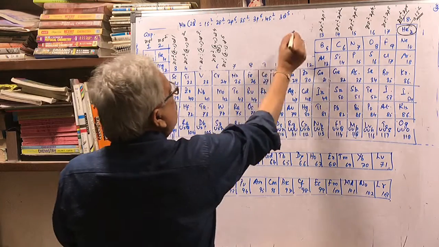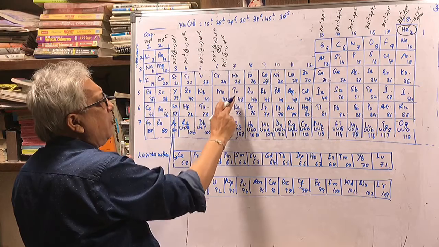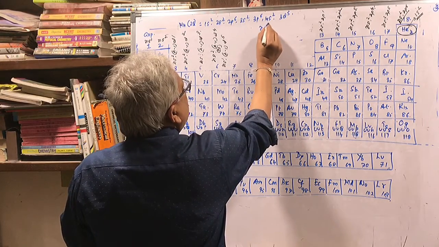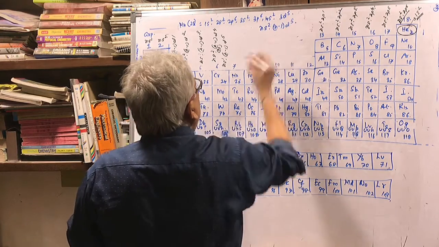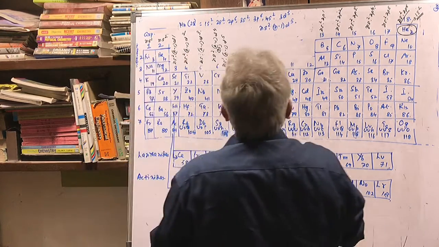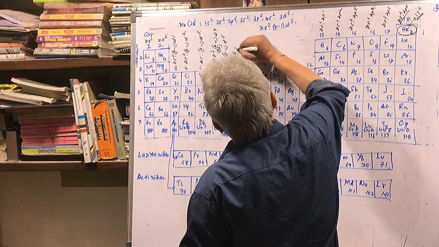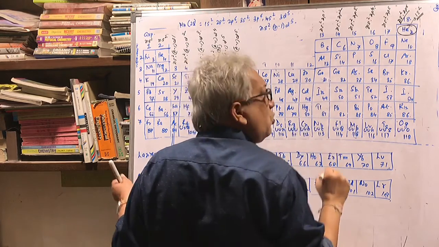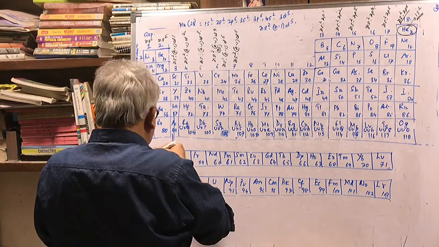So the next ones will be 5s2 4d5, 6s2 5d5. So the configuration is ns2 (n minus 1)d5. For group 7 the configuration will be ns2 (n minus 1)d5. Is it okay, children?